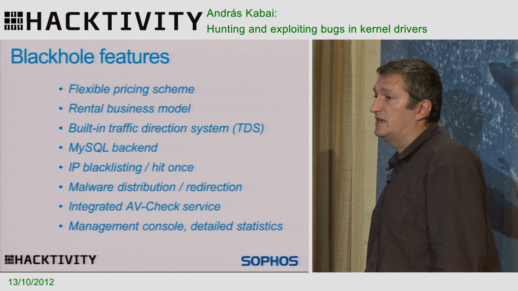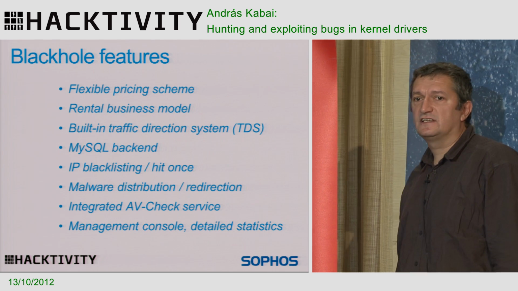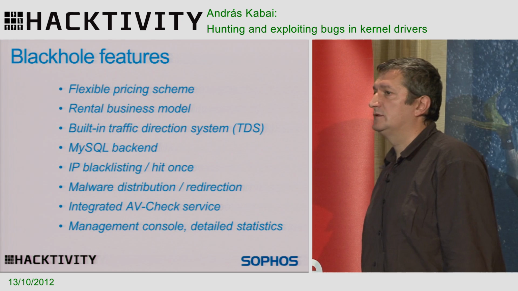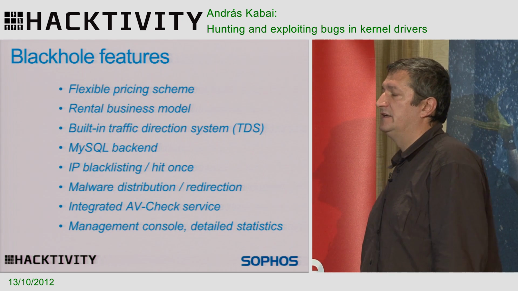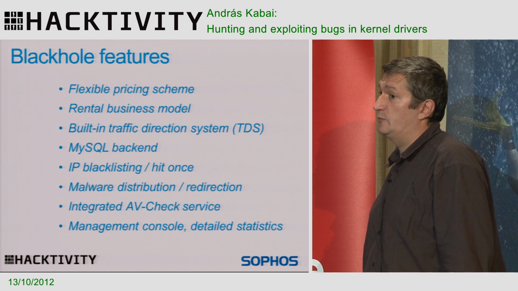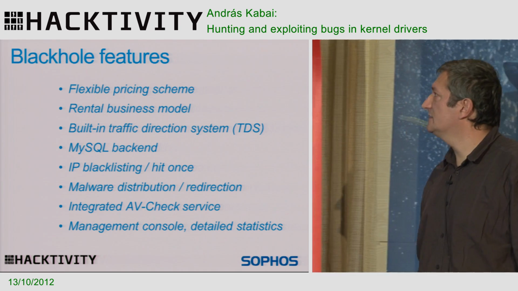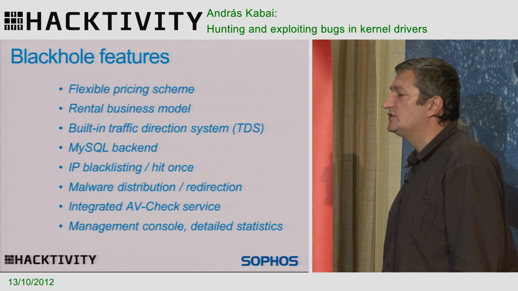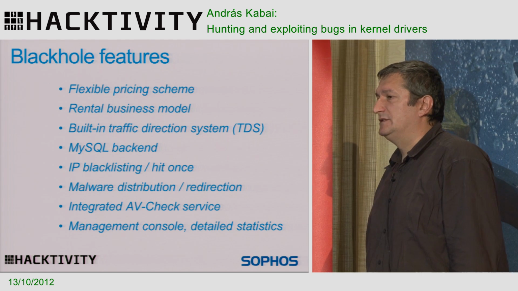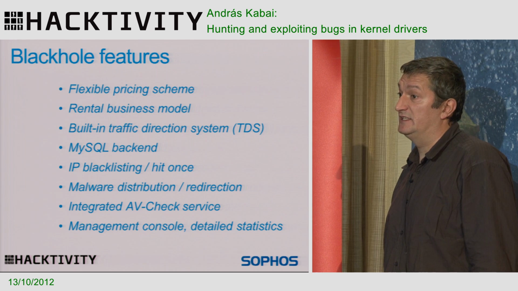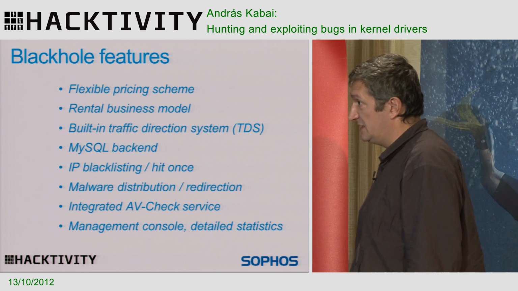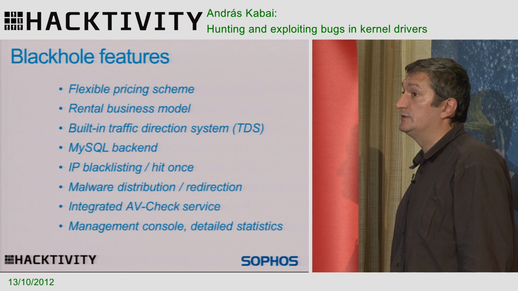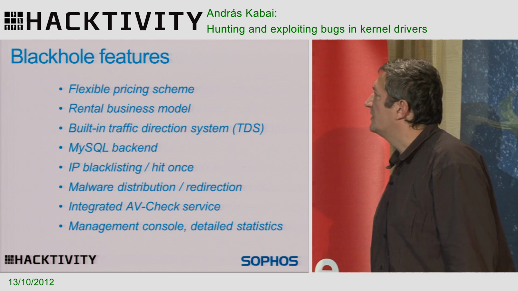It has a built-in traffic direction system, which means that it can serve different content, exploiting different vulnerabilities, based on the identified operating system and software environment on the target machine. It also has a feature of blacklisting IPs, which can be useful if they identify the IP range of a malware analysis lab. They can blacklist it, and in that case that lab will be excluded from receiving or downloading new samples, which makes the analysis a lot more complicated.